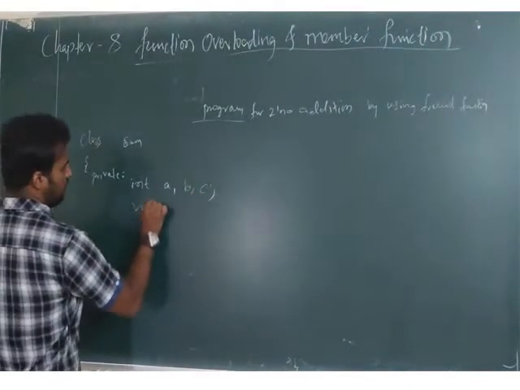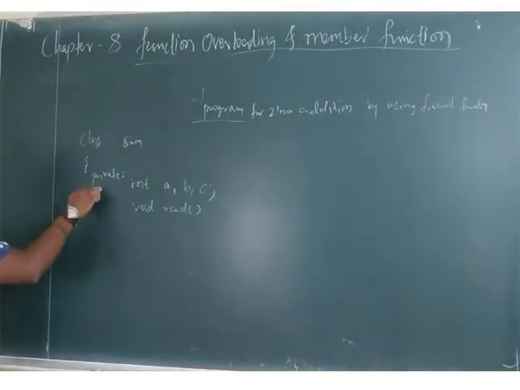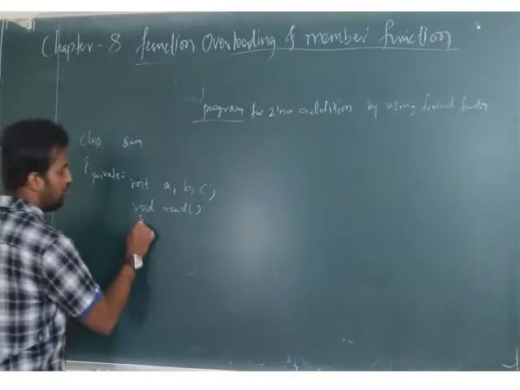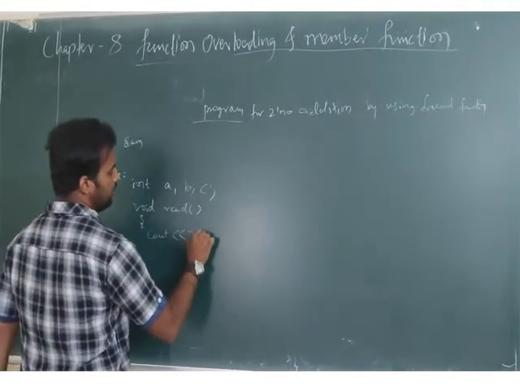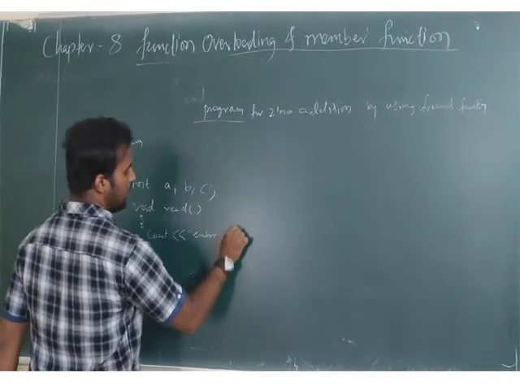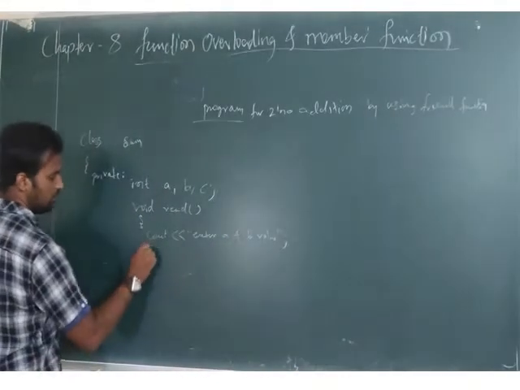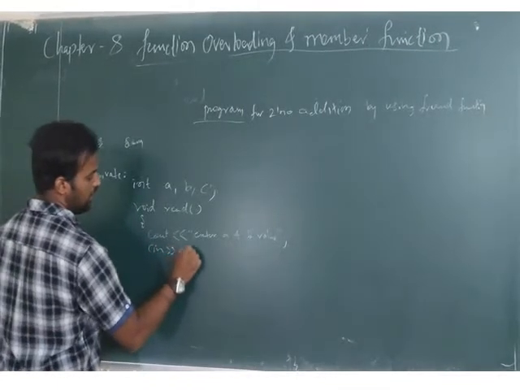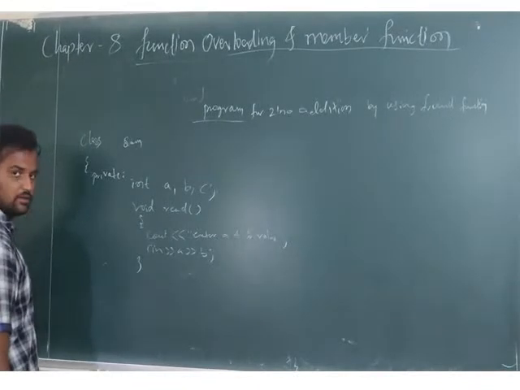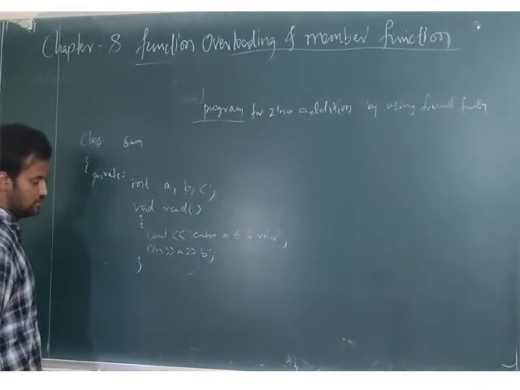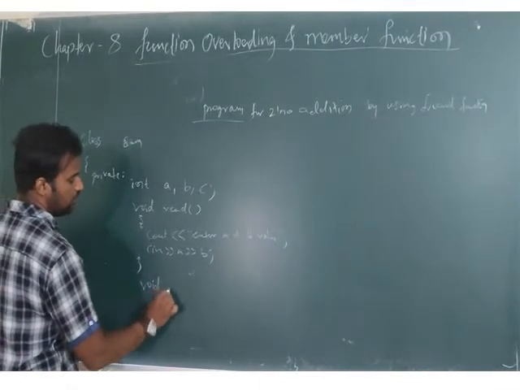Void read. See here, I am not writing in public, I am writing in private, remember this. Void read, cout, enter A and B value. Very simple. cin A, B. Okay? Right? Any doubt in this? No. Now, void display.